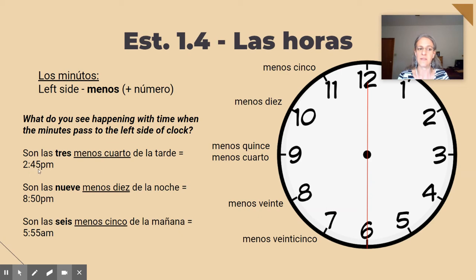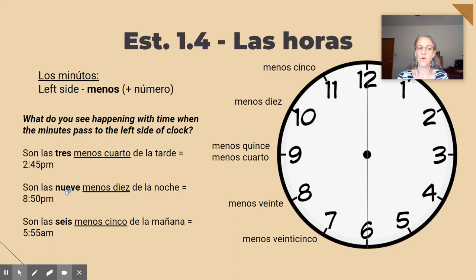If I wanted to say it's 2:45 in the afternoon, I would say son las 3 menos cuarto, or I could say menos 15 de la tarde. Okay. Next, 8:50 at night.